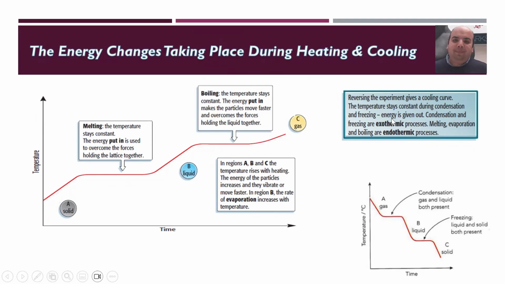Energy is given out in the case of condensation and also in the case of freezing. Condensation and freezing are considered exothermic processes, while melting, evaporation, and boiling are considered endothermic processes. So the reverse is true for the cooling curve, and during condensation and freezing, the temperature also stays constant, but the energy is given out. This means an exothermic process.